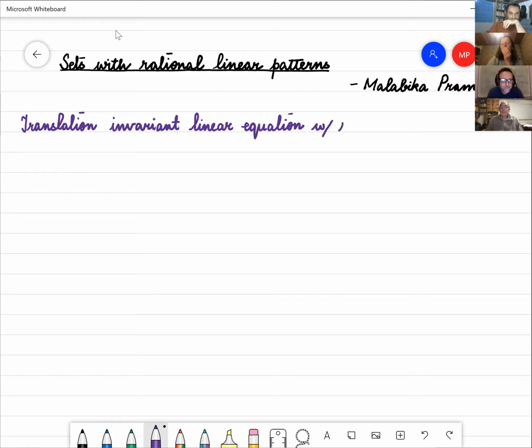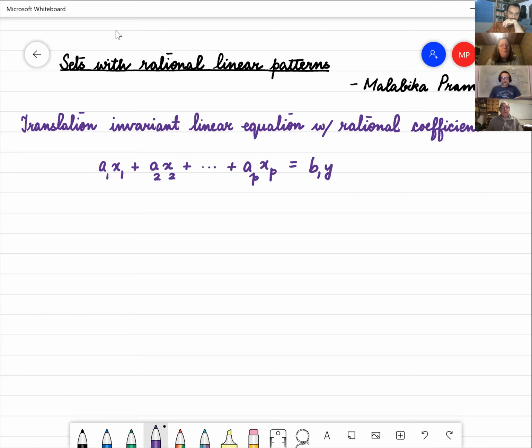So what is a translation invariant linear equation with rational coefficients? I'm going to always refer to objects of this form: a1x1 plus a2x2 plus etc. all the way up to apxp equals b1y1 plus b2y2 plus etc. plus bqyq.